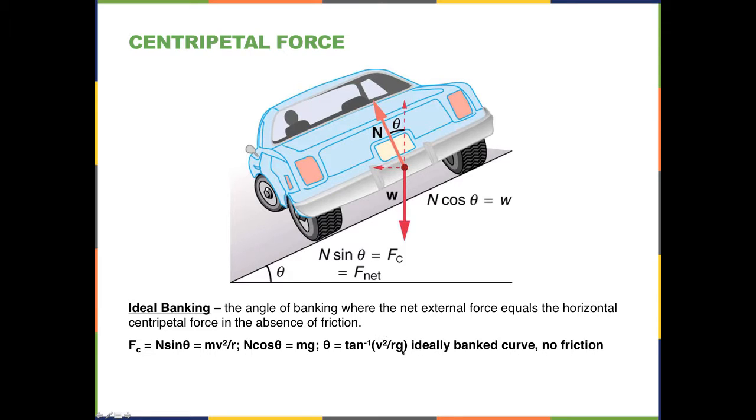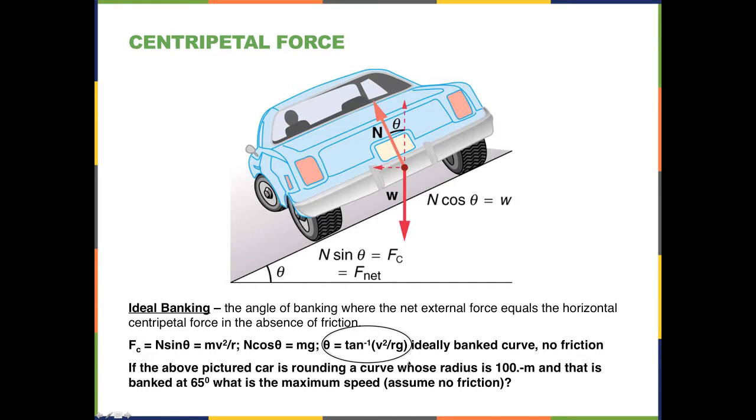If you cancel out the m's, you end up with v squared over rg. And sine over cosine is tangent. Then if you solve for theta, you get the arctangent of this. This gives you the ideal banking for any particular curve with no friction. And this is a formula that you should remember.